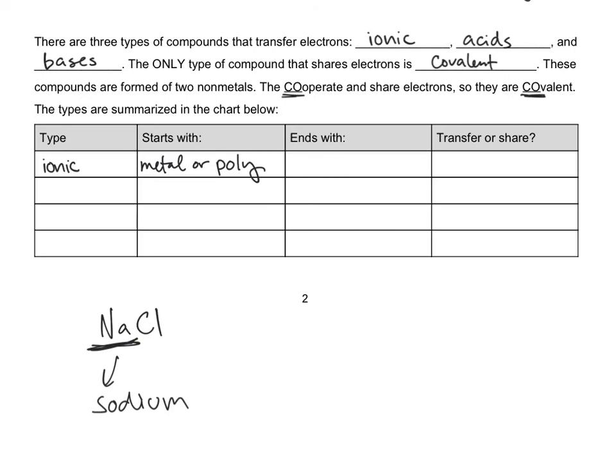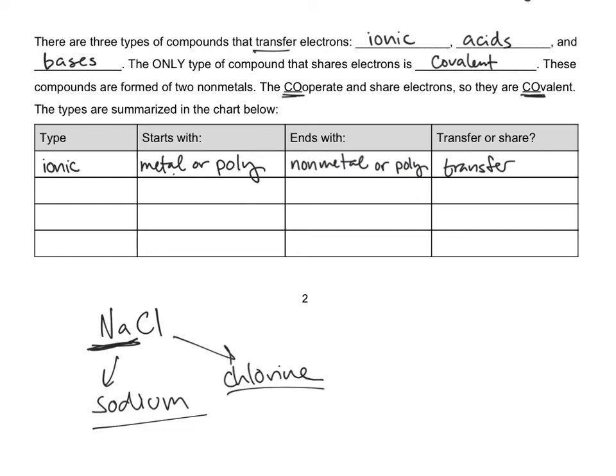And an ionic compound will either end with a nonmetal or a polyatomic. And ionic compounds are ones that transfer. So if you look at sodium chloride down here, it's got sodium and chlorine. It starts with sodium, which is a metal, and it ends with chlorine, which is a nonmetal. So this one is an ionic compound.